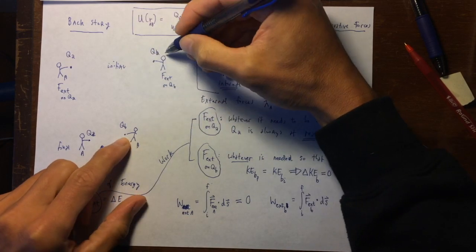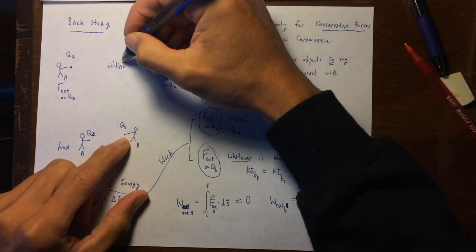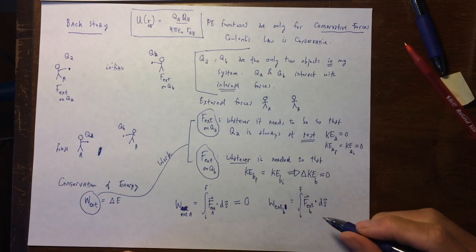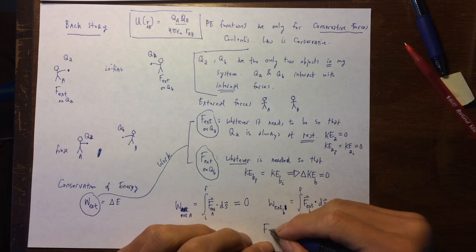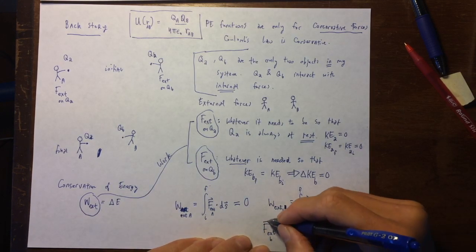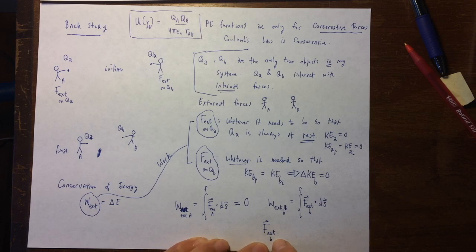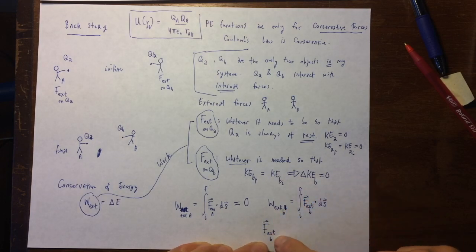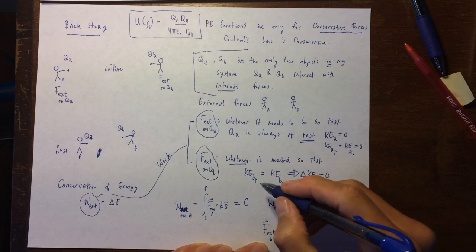External agent B is going to push charge B inward, for example. F external B is a vector, and what's interesting about this vector is it's really hard to know what it's got to be. But let me tell you what it's got to be.